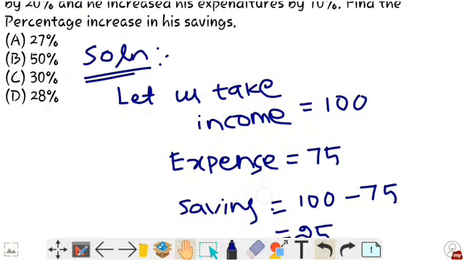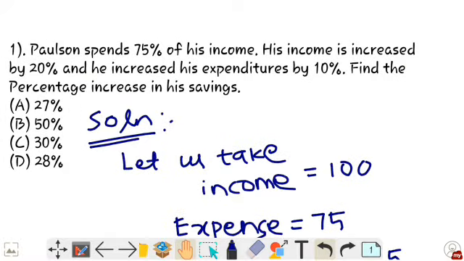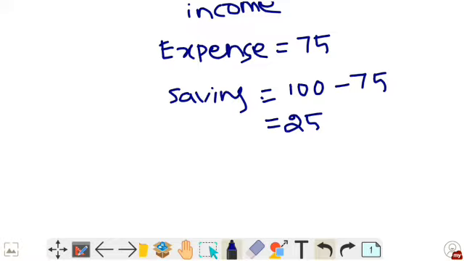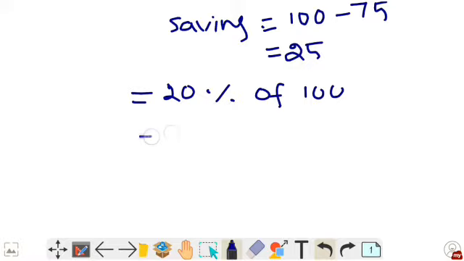Next, read the question. His income is increased by 20%. So 20% of 100 is what? It is calculated by 20 divided by 100 into 100.